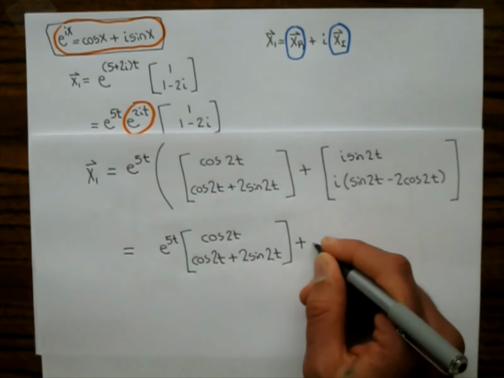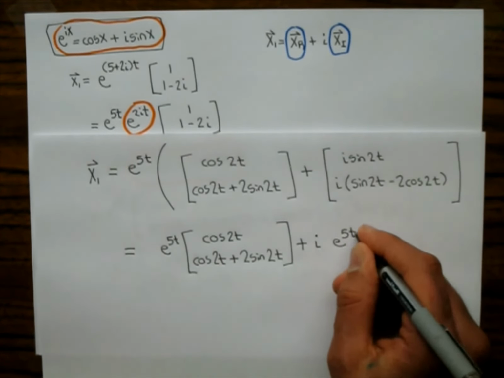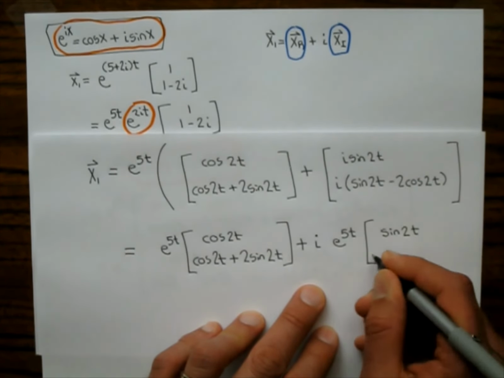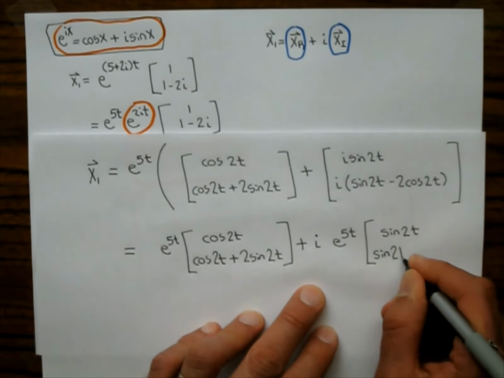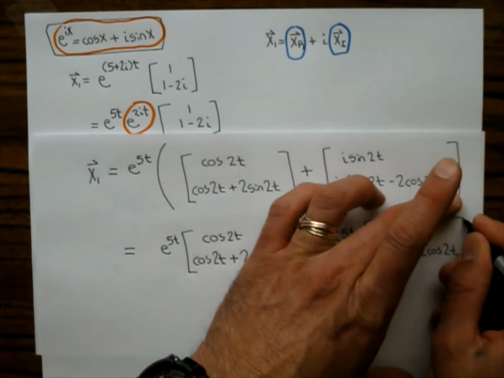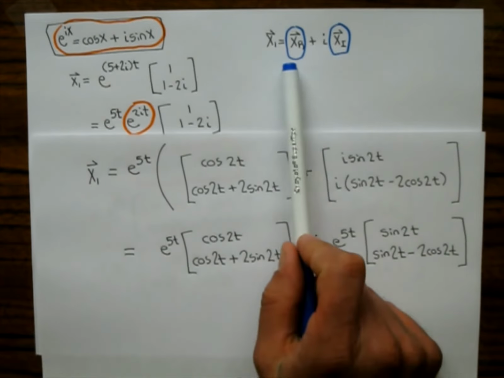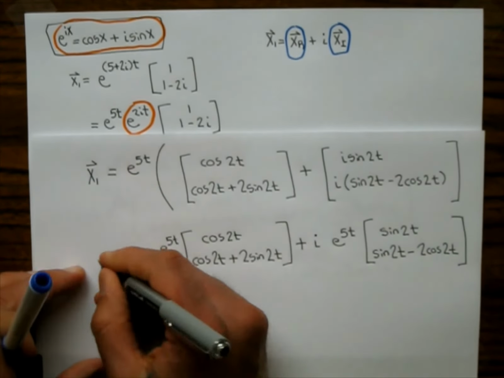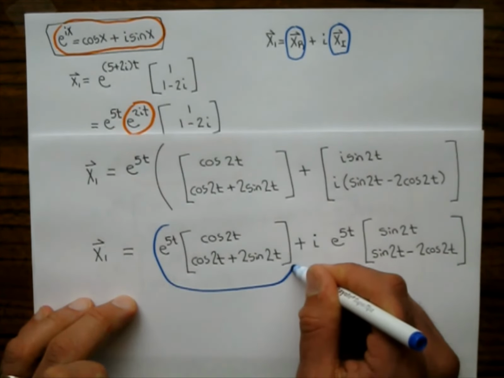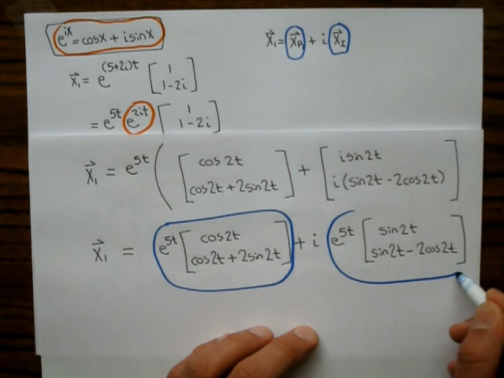So it looks like this, plus i, e to the 5t, then we have sine 2t, and then sine 2t minus 2 cosine 2t. Whew. So did I achieve my goal? Yes, I did. This is x1 bar equals xr bar plus i times xi bar.